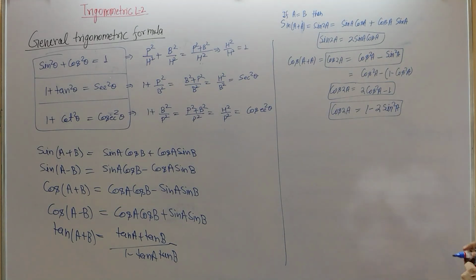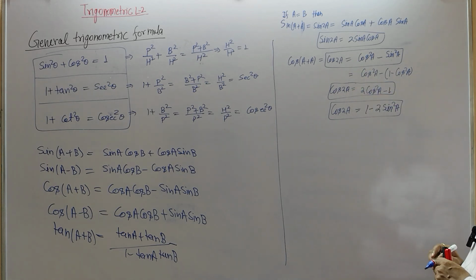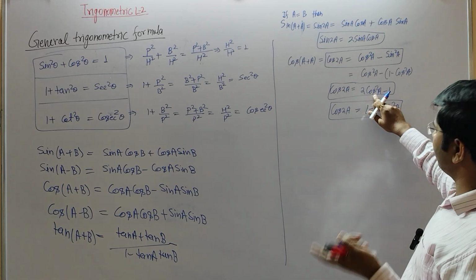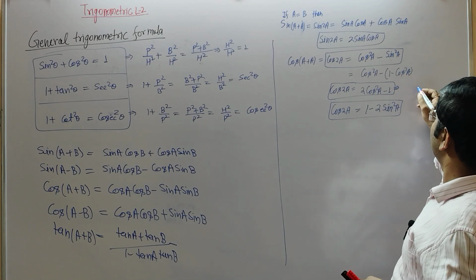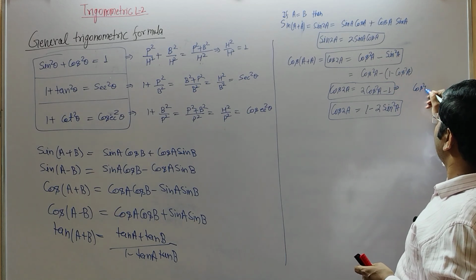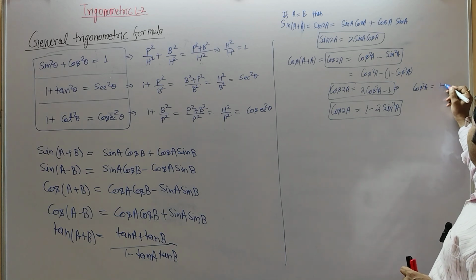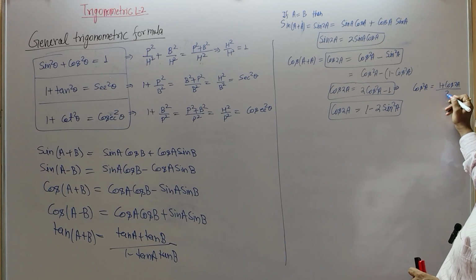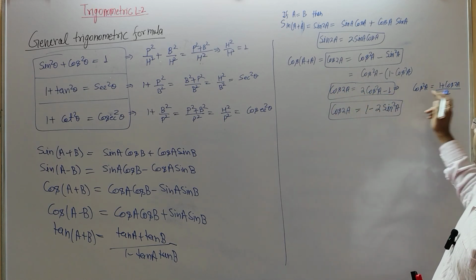Clear? So we are getting three formulas here. This is a very important formula, and cos 2A we will mostly use. Sometimes from this one we can also write cos square A equals 1 plus cos 2A upon 2.